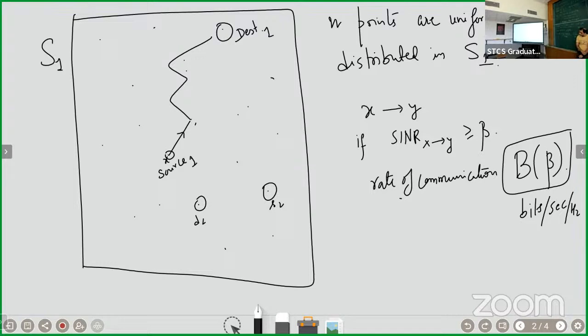So all I'm asking you to think about is a geometric argument. If each transmission is going to consume a certain area and the total area is bounded, what can you say about simultaneously active transmissions?